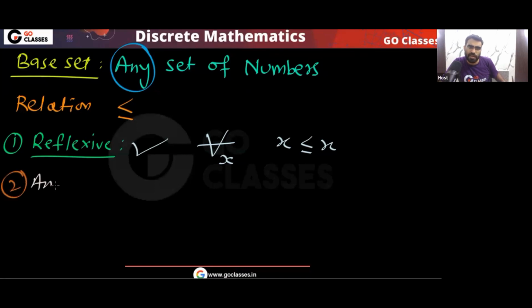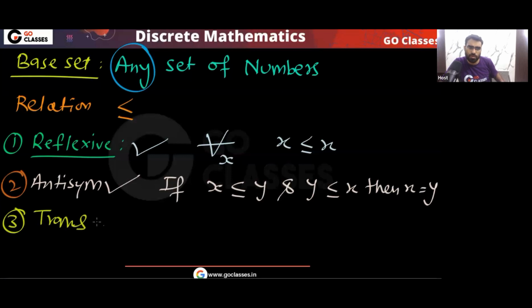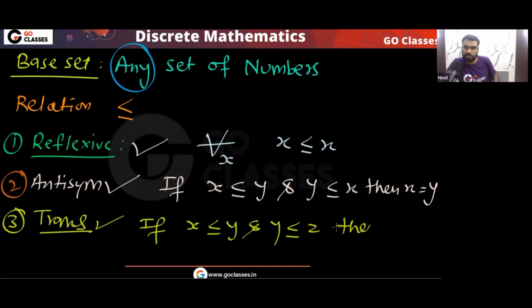Second, it will be antisymmetric. What does that mean? If x is less than or equal to y and y is less than or equal to x, then definitely x is equal to y. Similarly, it will be transitive also. If x is less than or equal to y and y is less than or equal to z, then x is less than or equal to z.